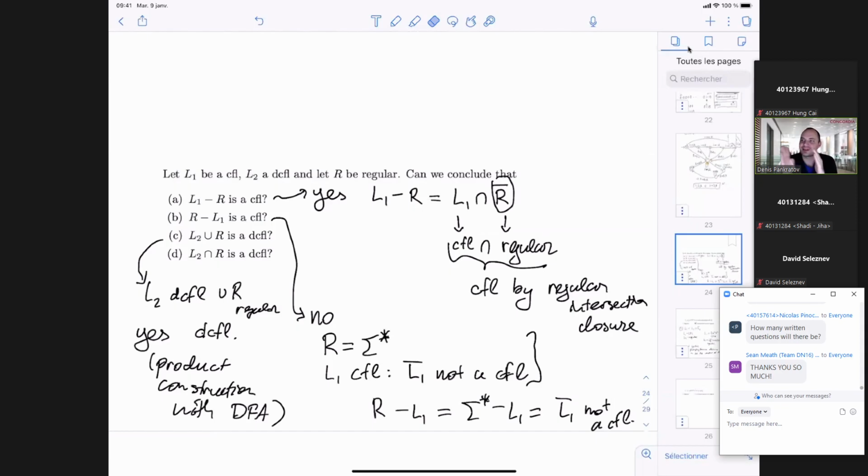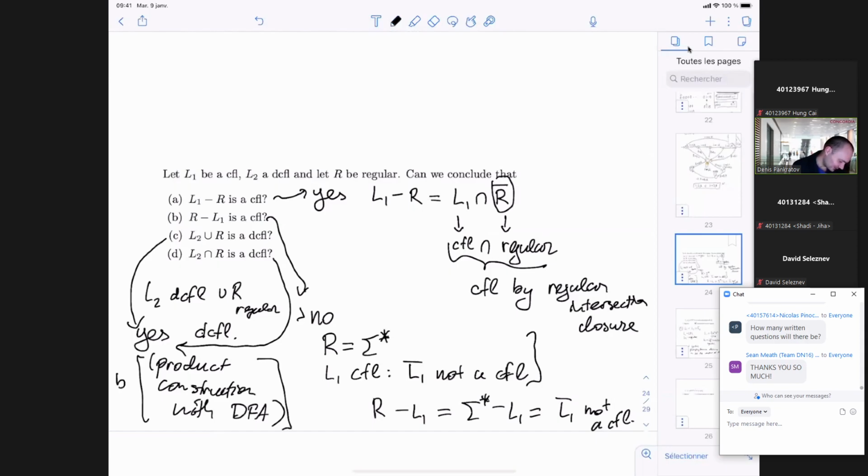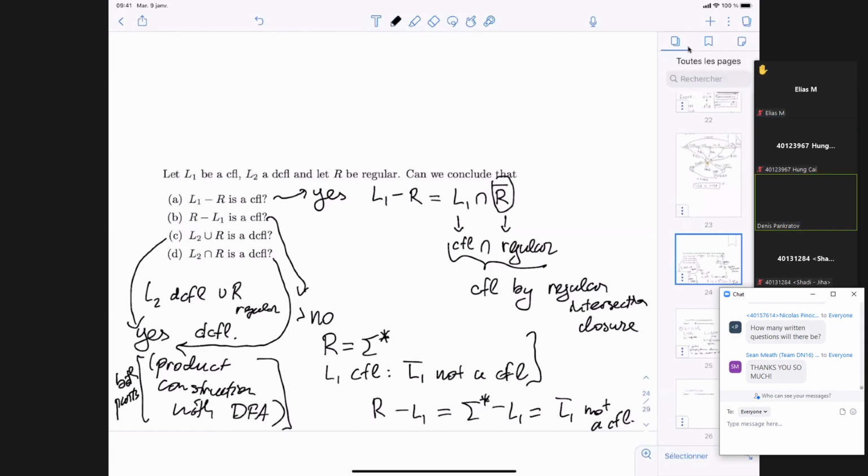So the product construction is also going to behave deterministically. So that's the reason why the answer is yes to C. And for the same reason, the answer is yes to D as well. So this is yes, and this is yes, and the same reason for both parts. You can also do a product construction for the intersection.